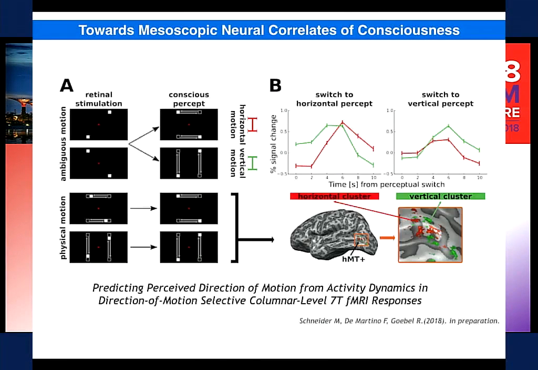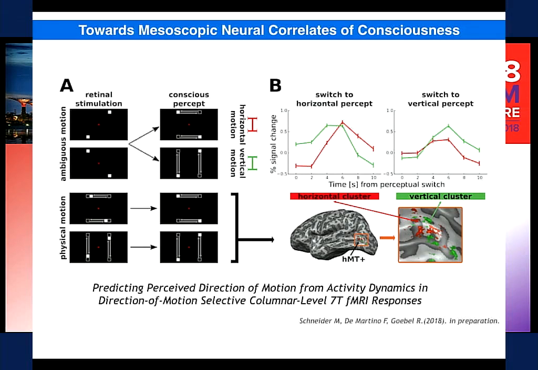So if we now look at what's happening, we mapped this also physically by real moving horizontal and vertical stimuli, so we knew the columns for horizontal and vertical. Then we looked at what happens when subjects report by button press that they perceive this ambiguous stimulus now as horizontal motion or now as vertical motion. It's the same physical stimulus. Then we see that the column activity changes.